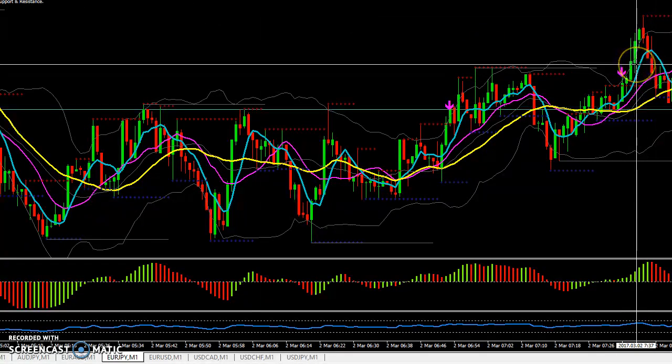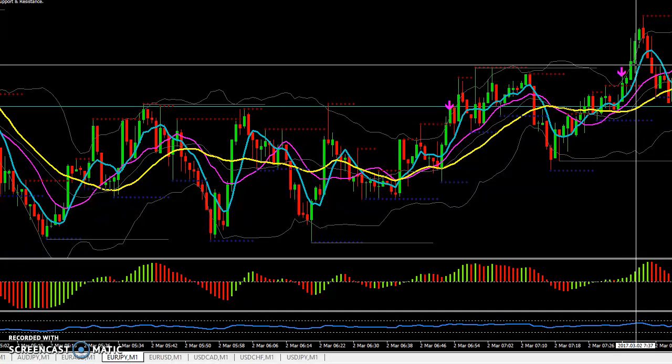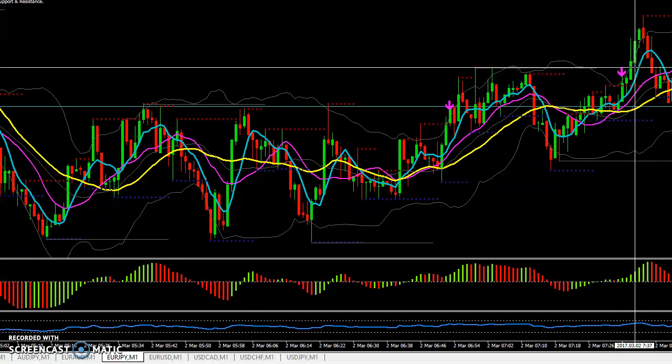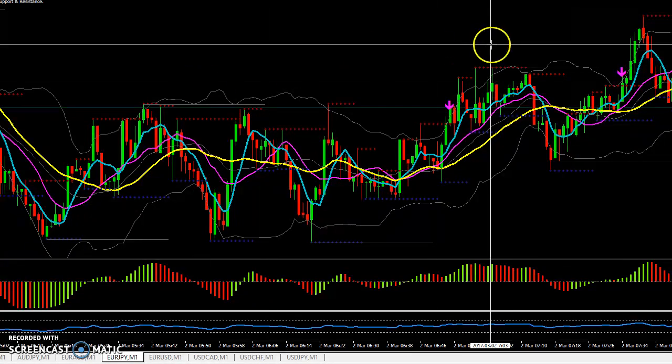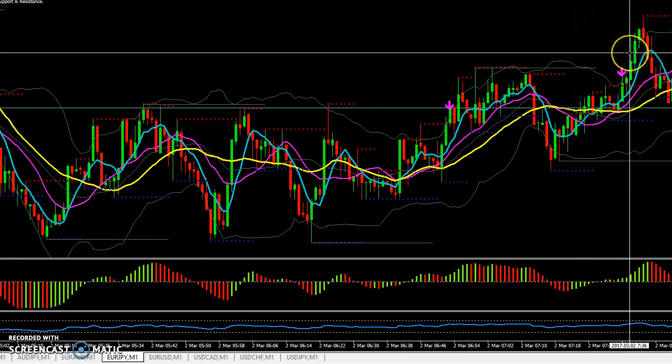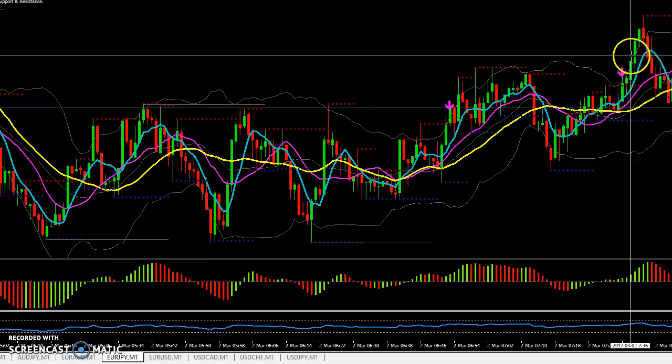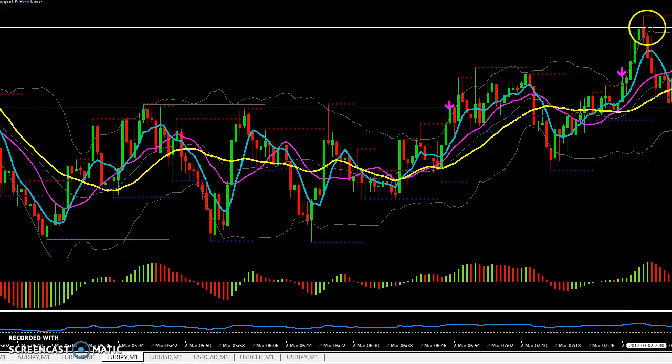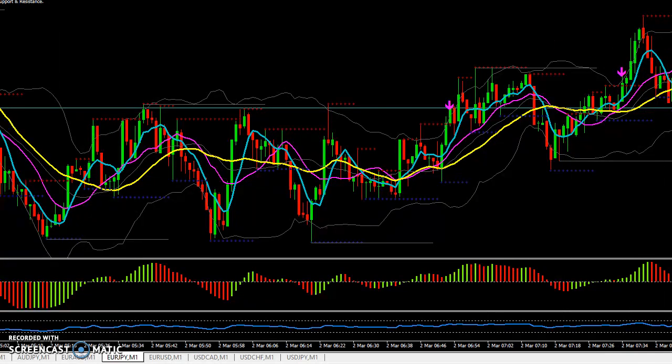Should probably wait a couple candles after this long candle breakout.